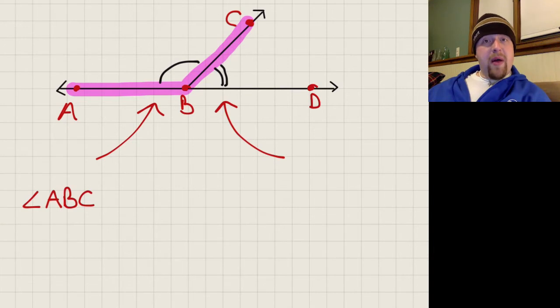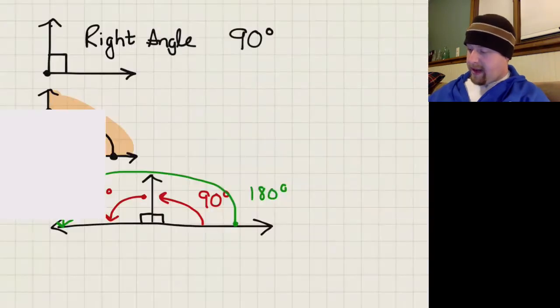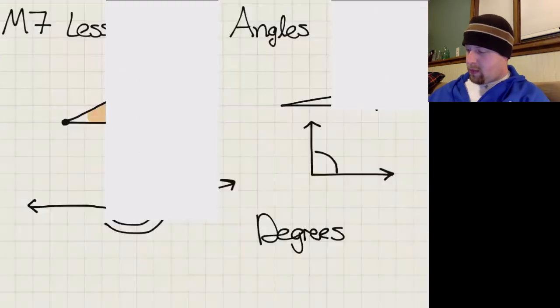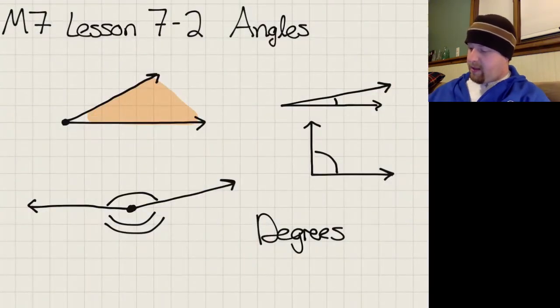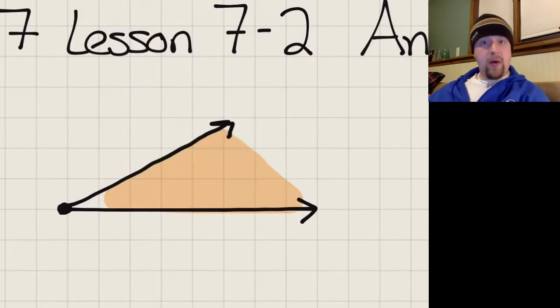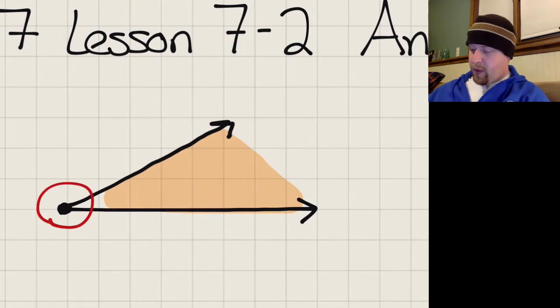All right. Now, there's also some special things about the way we name angles. If we go all the way back to the beginning here, the point in the middle, where the 2 rays are joined together, this point right here, that's called the vertex. Okay, that actually kind of looks like vortex, so I want to erase that.